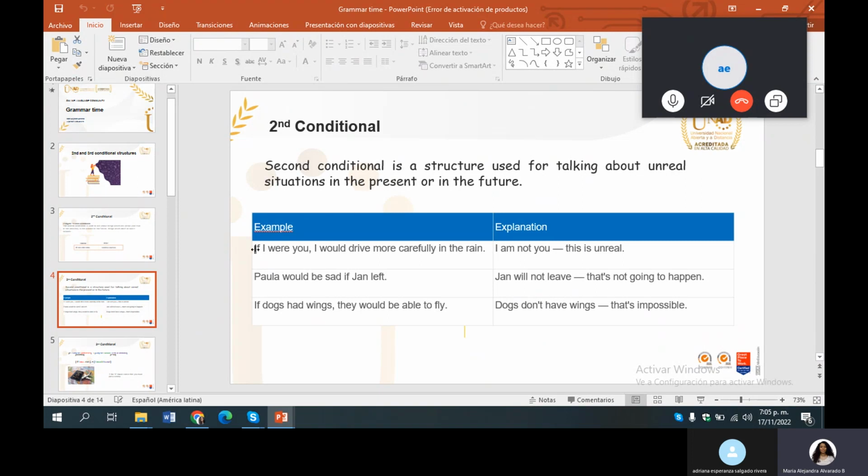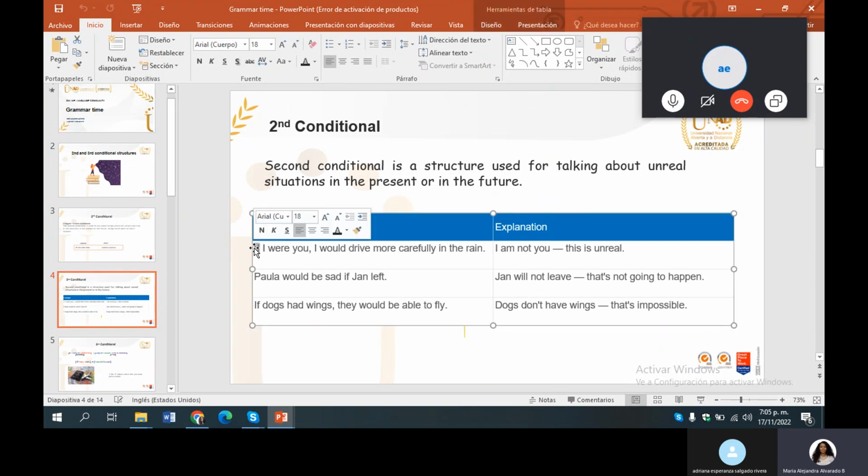As you can see in this example, it says, if I were you, I would drive more carefully in rain. So here we have the condition, which is if, we have the subject, and we have the verb to be in past. All right? Am I clear, or do you have any question until this point?